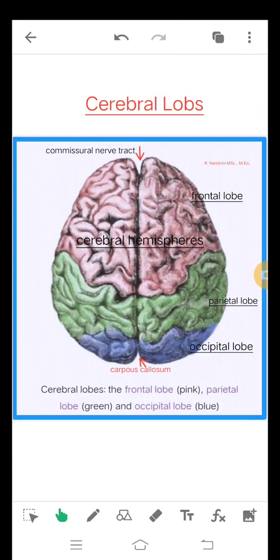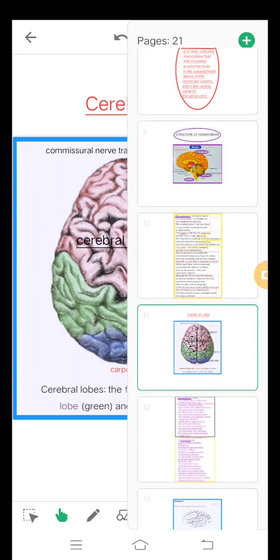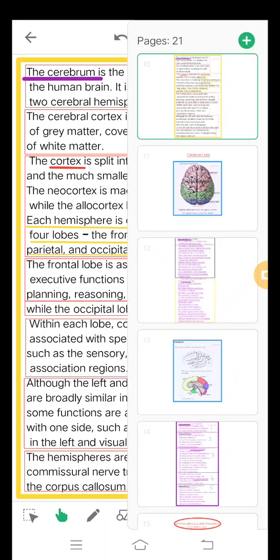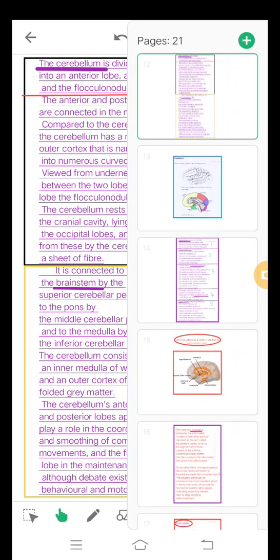See, visual spatial ability in the right and language in the left side. Finally, the hemispheres are connected by commissure nerve tracts, the largest being the corpus callosum.